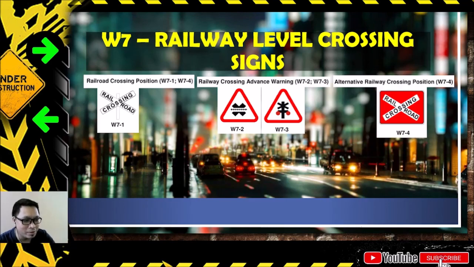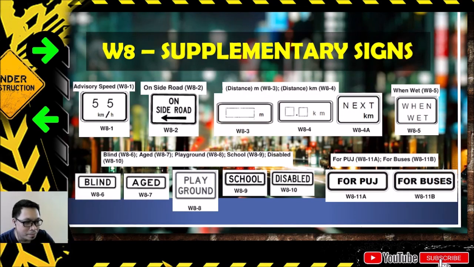Okay. Next, we have the railway level crossing. This one is intended for when you are crossing at the intersection of a railway and the road. Then we have supplementary signs, which I think are for private areas, or let us say some buildings or small areas, small street areas, or local roads, something like that.